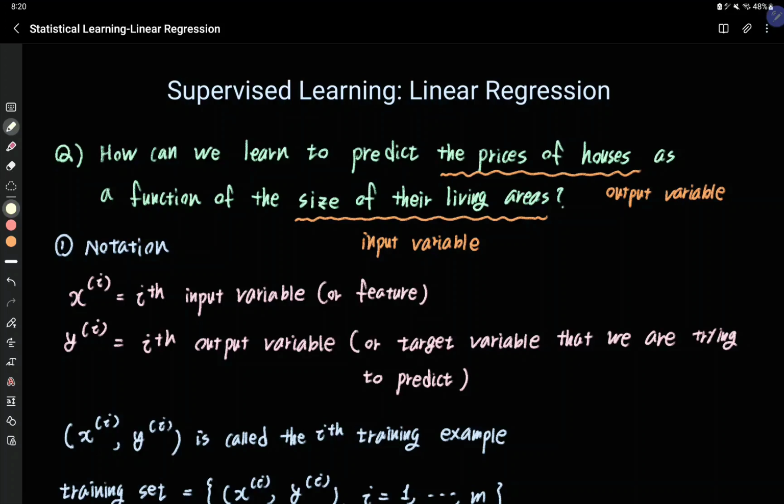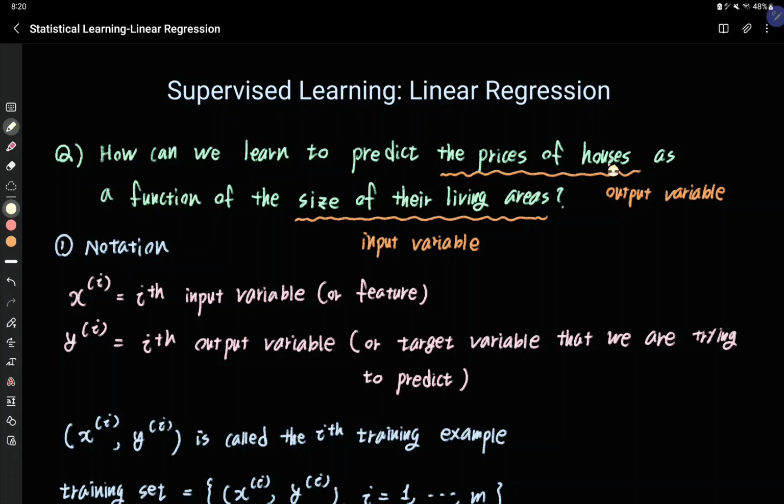So if you want to predict the house price as a function of the size of the living area, but not only the living area, there's also the number of bedrooms, number of bathrooms, school zone, neighbors, and so on.